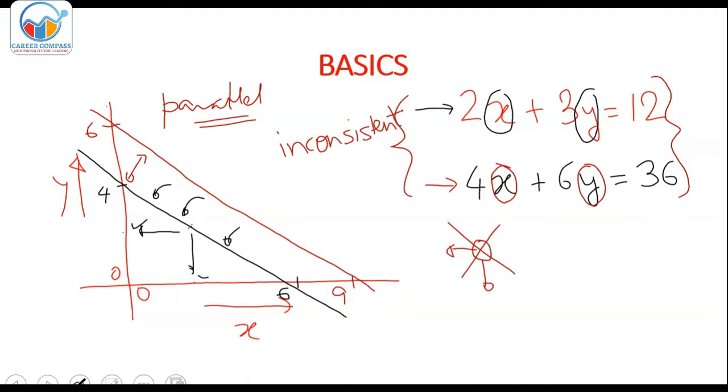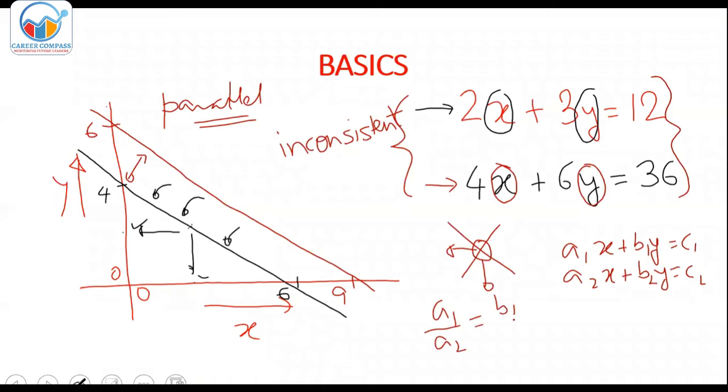So the question is, how do we identify 2 equations to be inconsistent? Let me generalize. If you have a1x plus b1y equal to c1 and a2x plus b2y equal to c2, and a1 by a2 equals b1 by b2 but is not equal to c1 by c2, then we say this kind of equations are inconsistent equations.